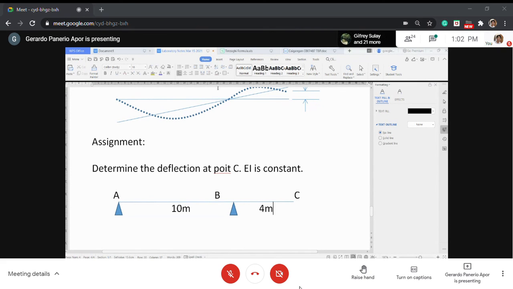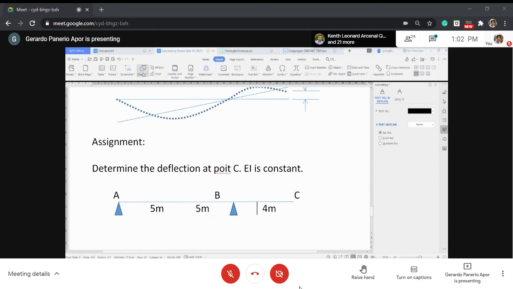Okay, I will put a load here. This is 5 meters, and this one is 4 meters. Now I'll put two loads only. One of the loads is here, that is the first load.